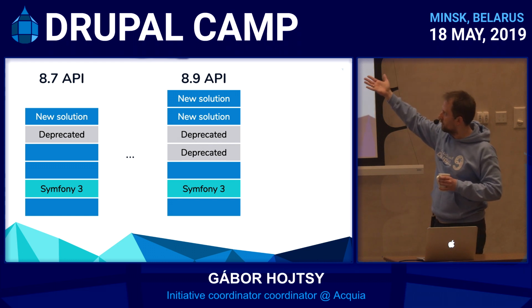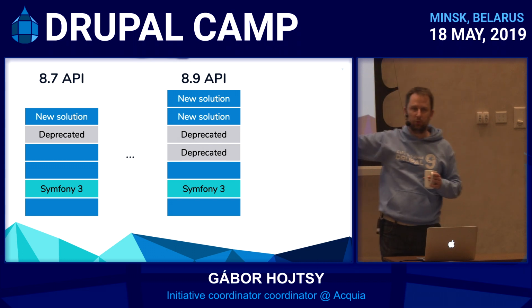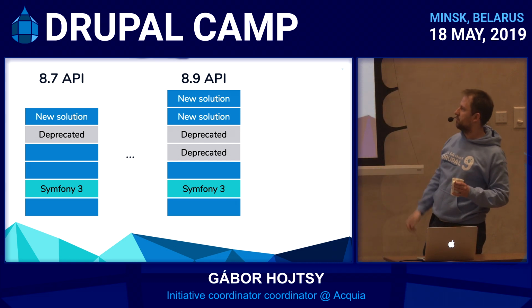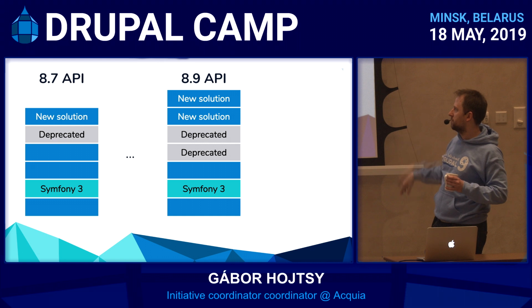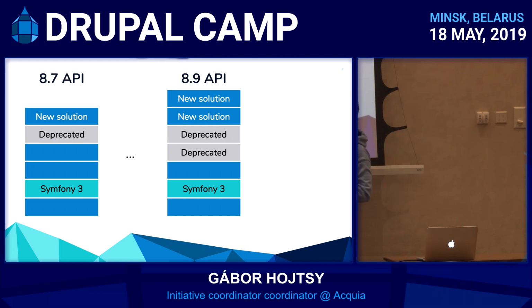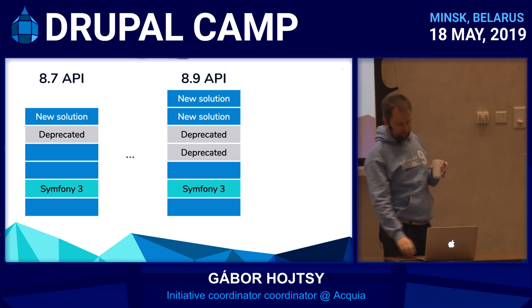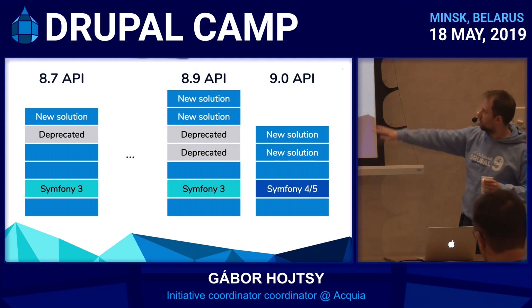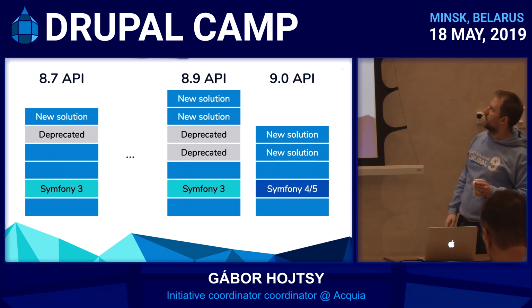It has a bunch of new things. It has a bunch of things that we say will be removed. Don't use this. We're going to remove this. And we still have the old dependencies, or we keep the dependencies around. So we keep supporting everything that we have. We also have the new things, and we have the old dependency. And what we do in Drupal 9 is we remove the gray things, and we update the dependencies, and that's Drupal 9.